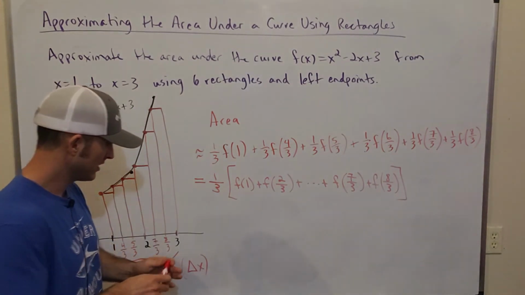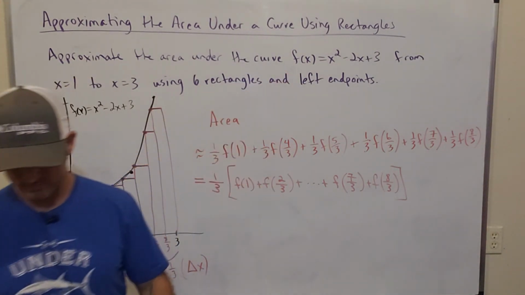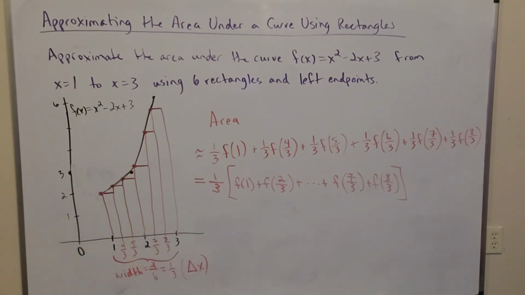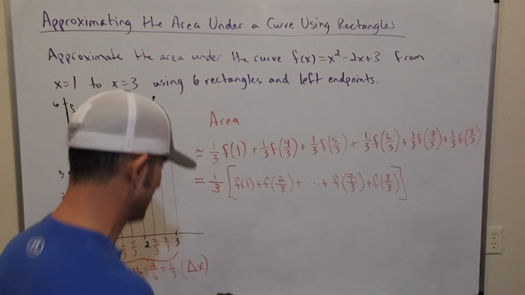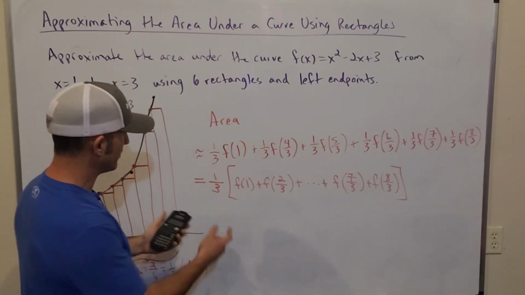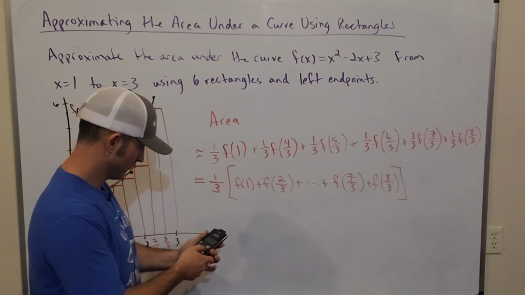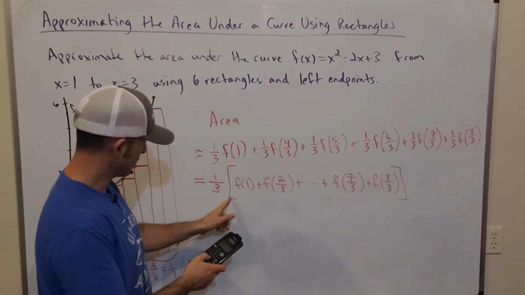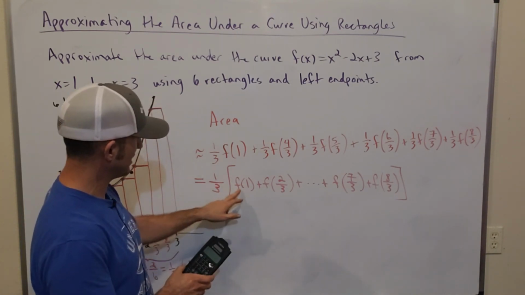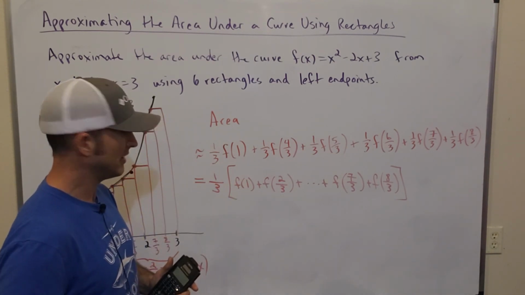So now I'm going to grab my calculator and I'm going to store this function, as I showed earlier in the video. It should already be there. So what I'm going to do now is type my 1/3 fraction and parentheses, and in my parentheses I'm going to type f of 1 plus f of 4/3 all the way up to plus f of 8/3.